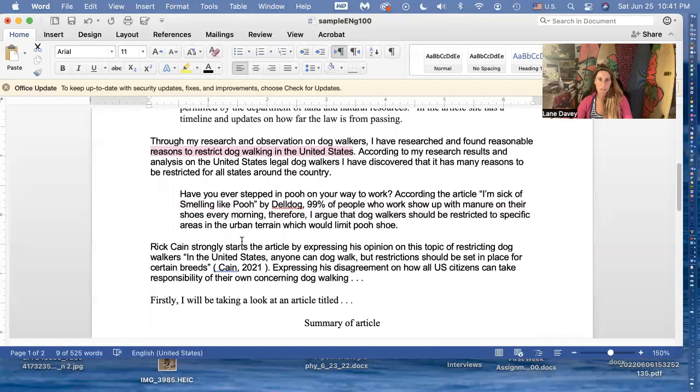One last one here. Rick Kane strongly starts the article by expressing his opinion on the topic of restricting dog walkers in the United States. Okay, we don't need any of this. This is all saying the same thing.